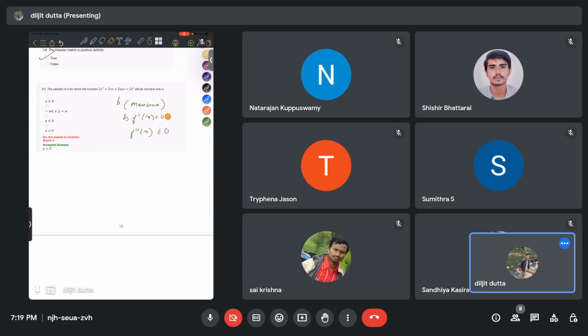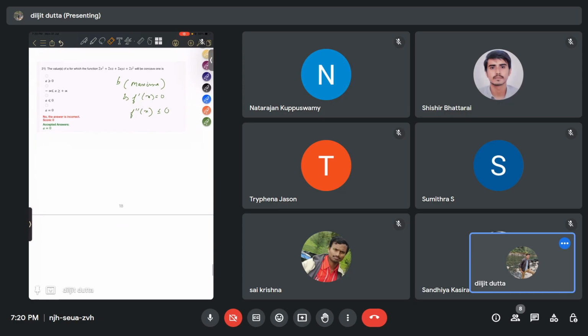So let's first find f dash x. To get that, we first have to take the partial derivative.